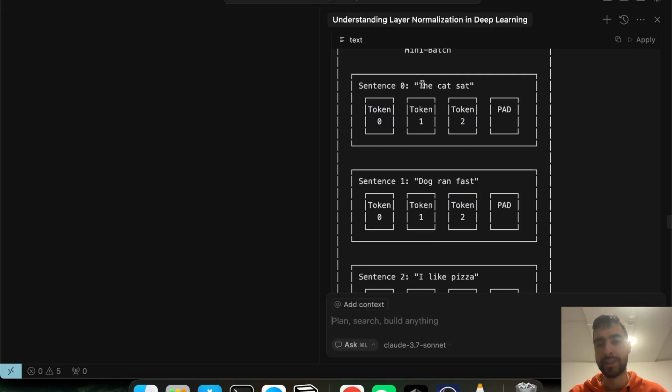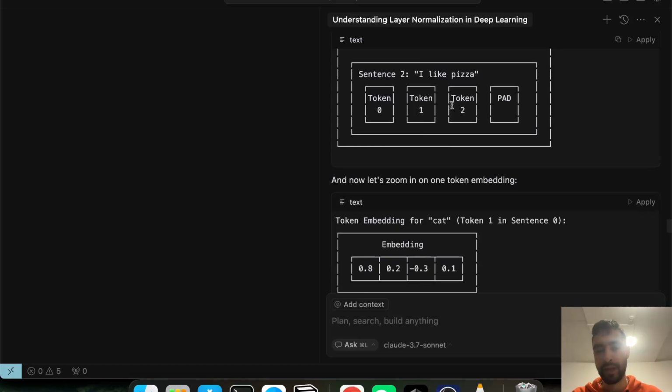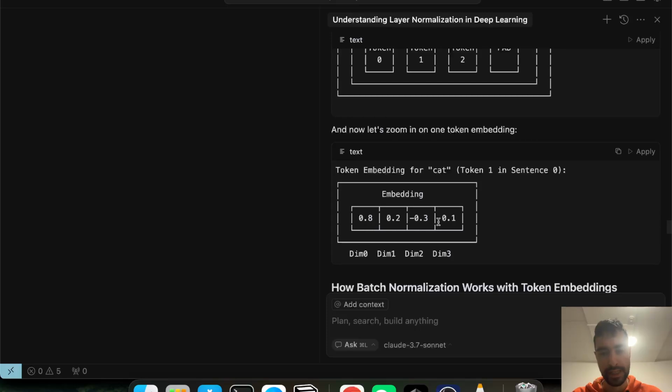So first sentence, the cat sat, and we have token 0 for the, token 1 for cat, etc. Second sentence, third sentence. Now let's zoom in on one of these tokens, which is going to be cat. Each of the token embedding's numbers is a dimension. So dimension 0, dimension 1, 2, 3.